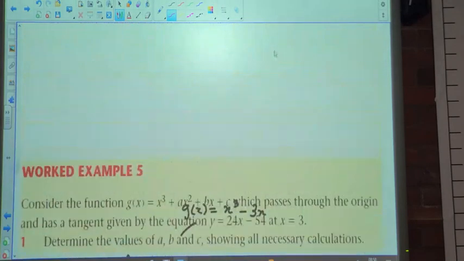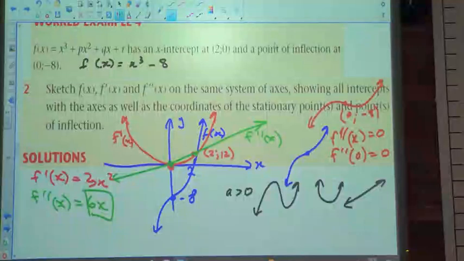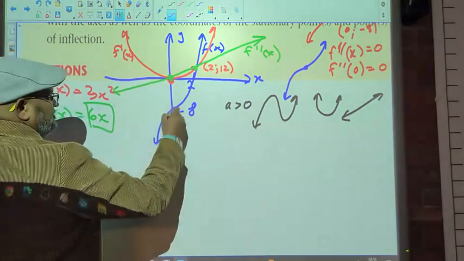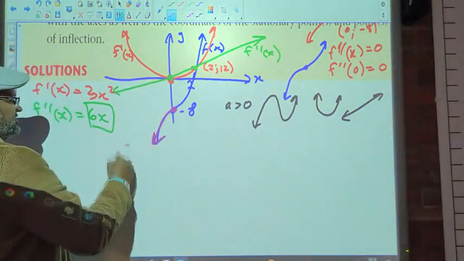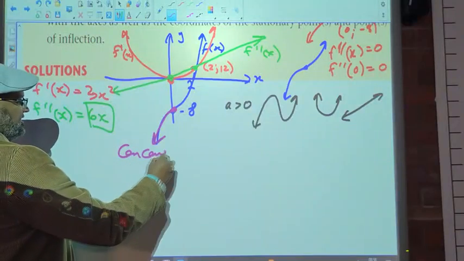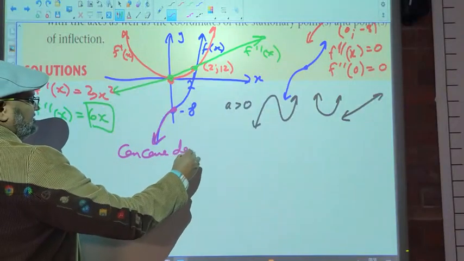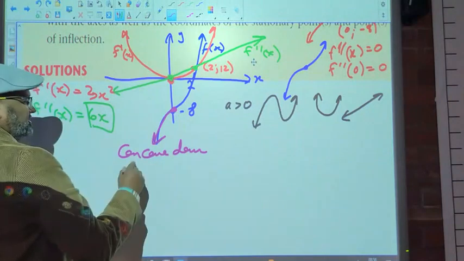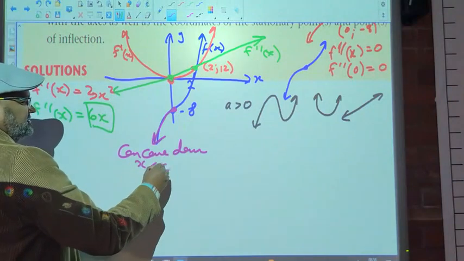And then the previous one in question 4. And this was the graph in question. So here's the point of inflection. So this part is considered as concave down, not so? And this is concave down for x is less than 0.